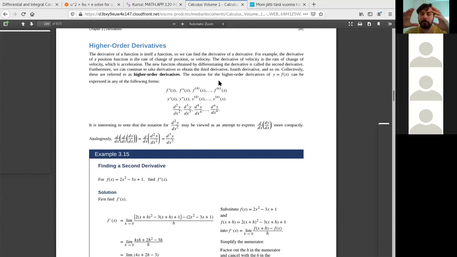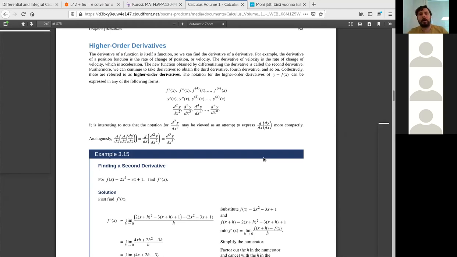Usually we use dy over dx or d over dx. Putting that d over dx in front of a function means take the derivative of that function, and that's the result of this operation. So the operation is differentiation. And higher order means just apply differentiation once, twice, three times, and so forth.